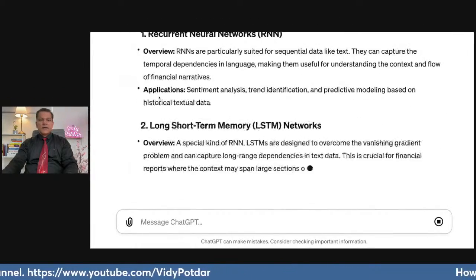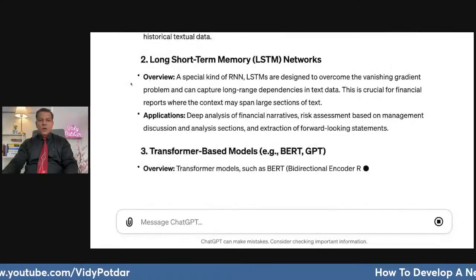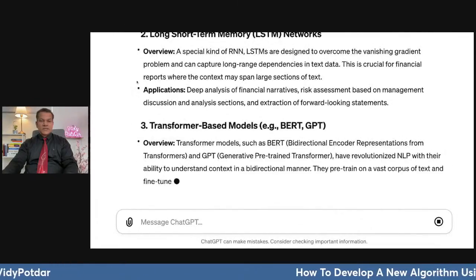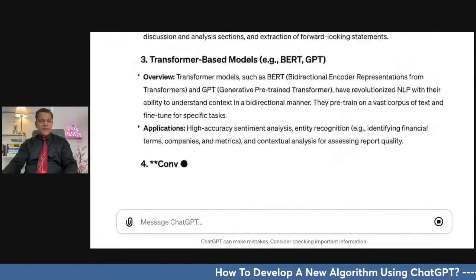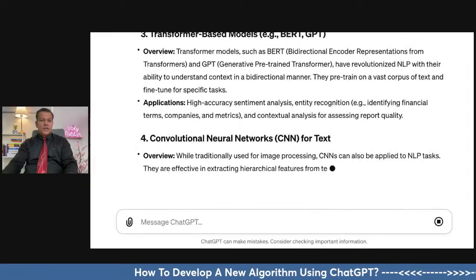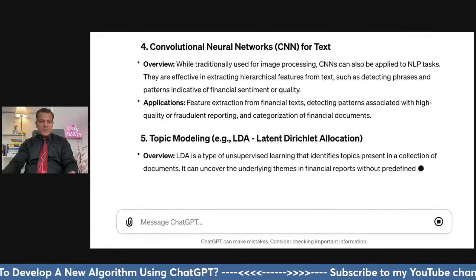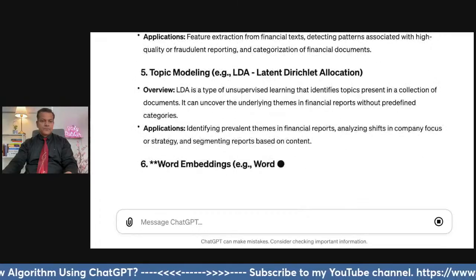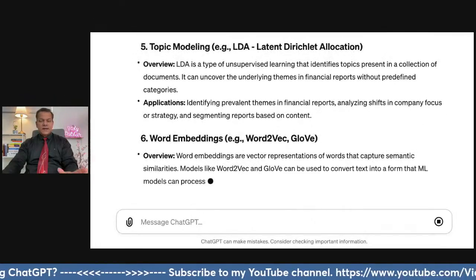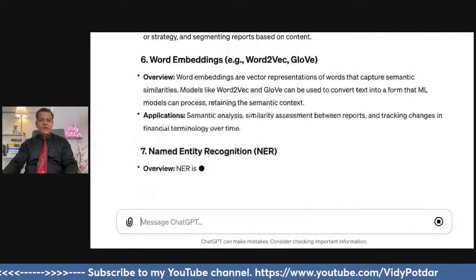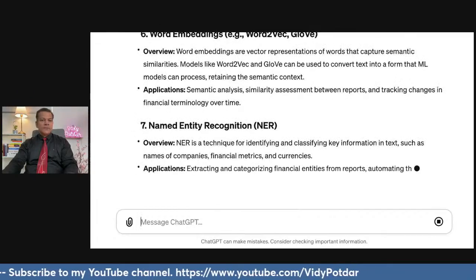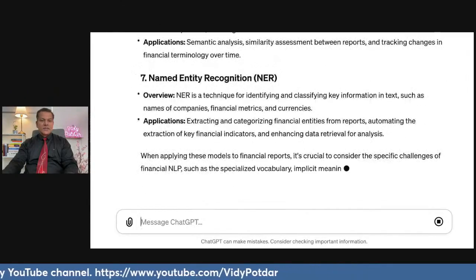So it is saying recurrent neural networks, long short-term memory networks, transformer-based models like ChatGPT, convolutional neural networks or CNN, topic modeling that was discussed earlier, word embeddings like Word2Vec, which is very commonly used in NLP, named entity recognition, NER.